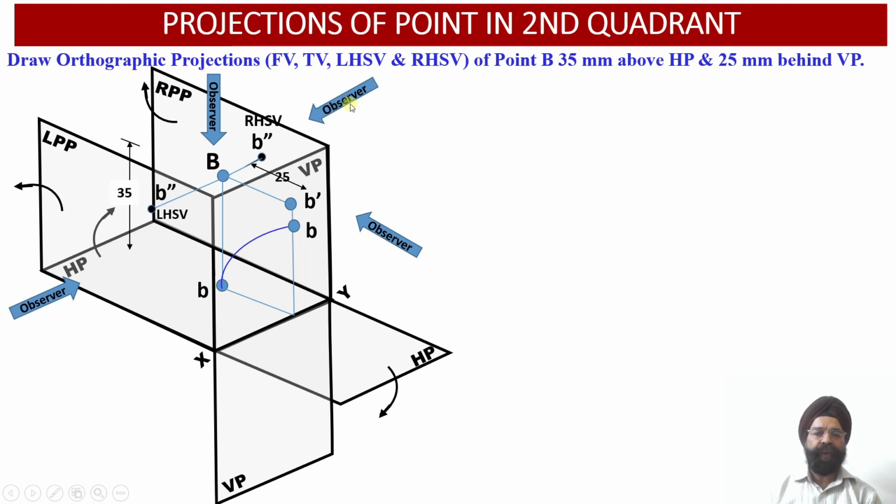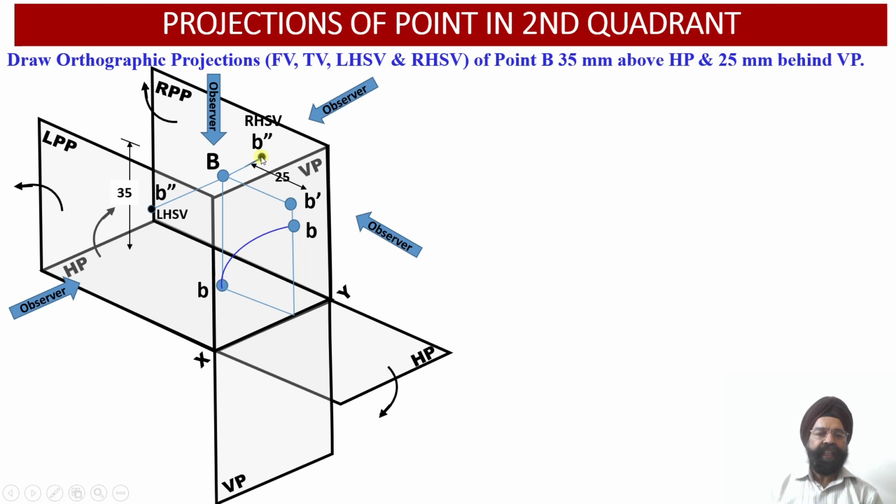And since the observer is looking at this object from the right hand side orientation, the projections obtained onto the right profile plane will be called right hand side view projections of the point B.